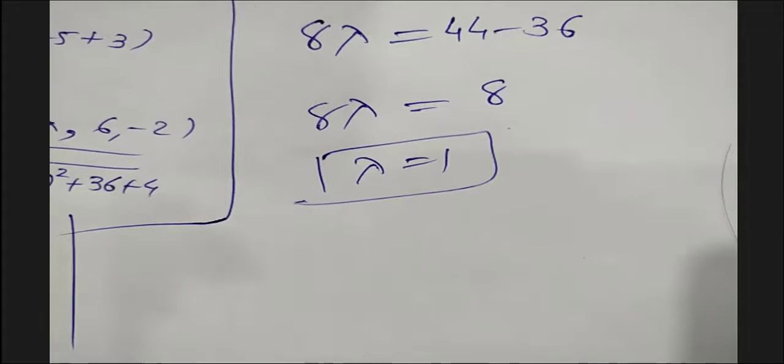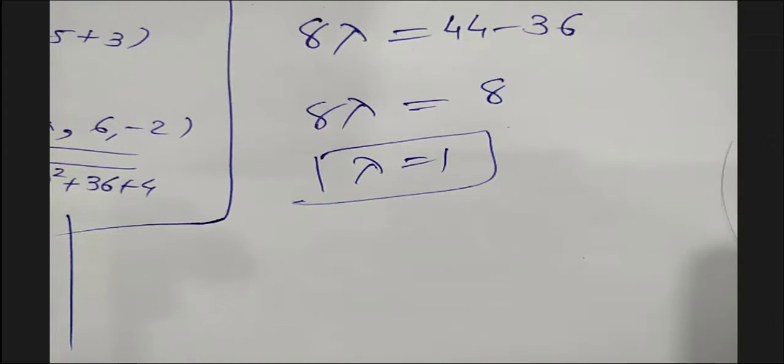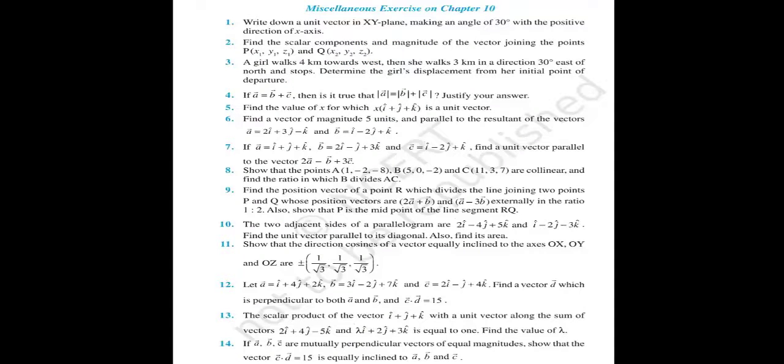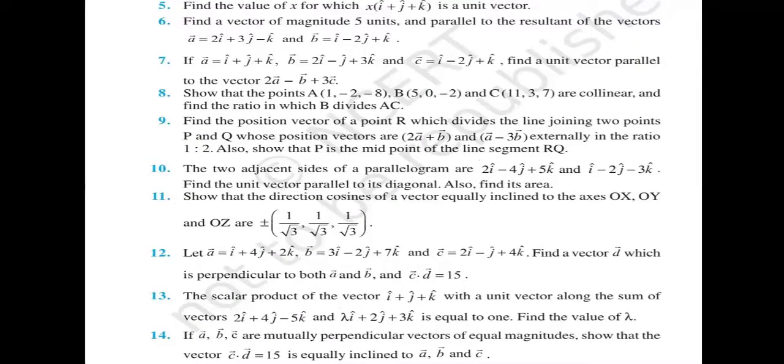So now let's go on to question number 14. Question number 14 says that if A, B, C are mutually perpendicular vectors of equal magnitude, which means the magnitude of A bar is equal to the magnitude of B bar is equal to the magnitude of C bar, so that C bar dot D bar is equal to 15, is equally inclined.